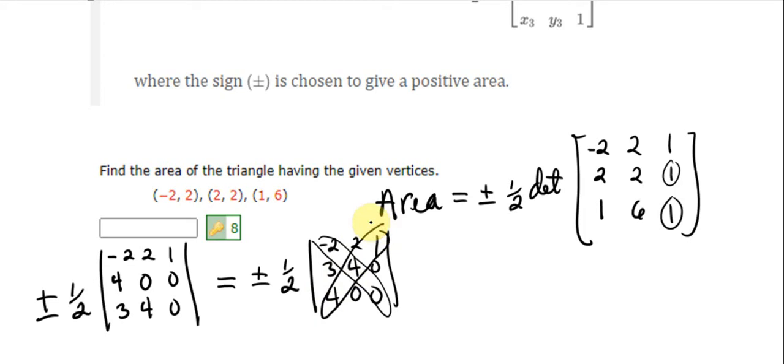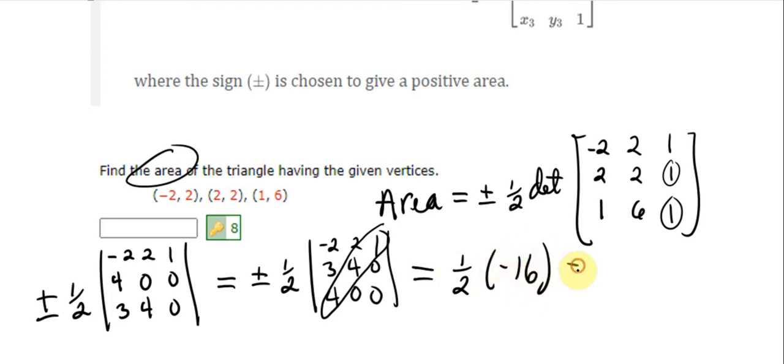That's all. So here this would be 4 times the 4. That's 16 times 1. It'd be negative 16. So this is 1/2 times negative 16, we get negative 8, but we take the area to be positive 8, since we're talking about the area, right?